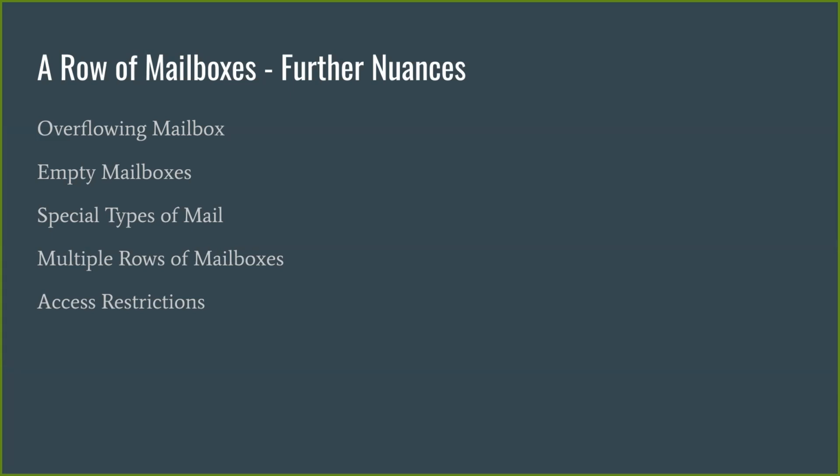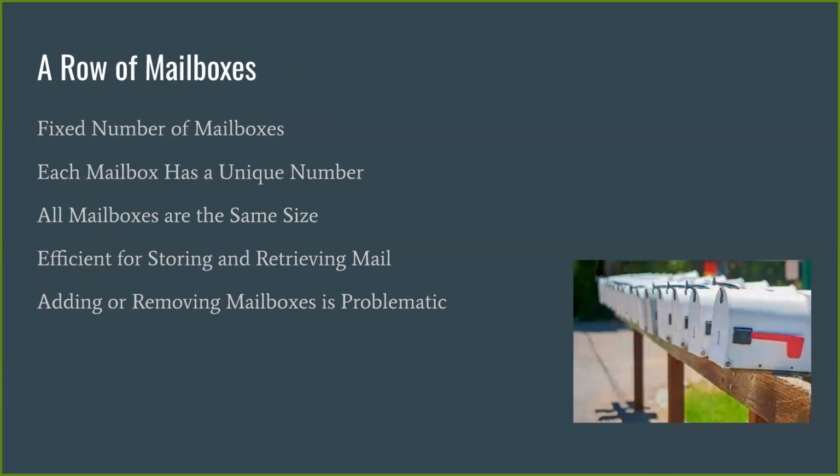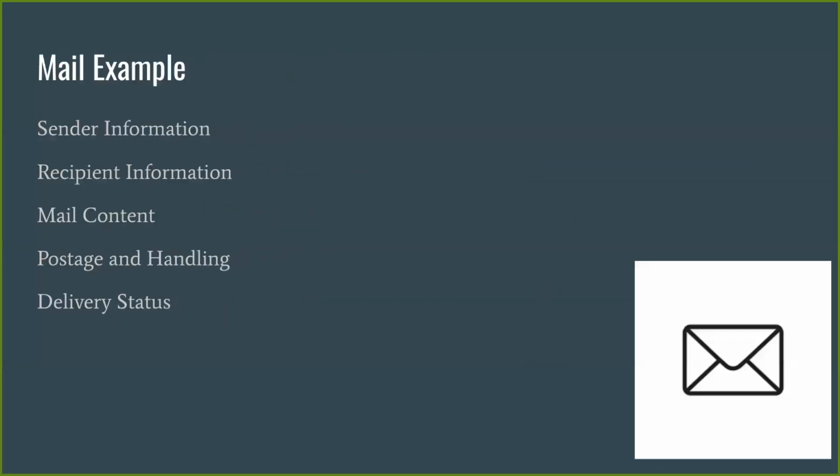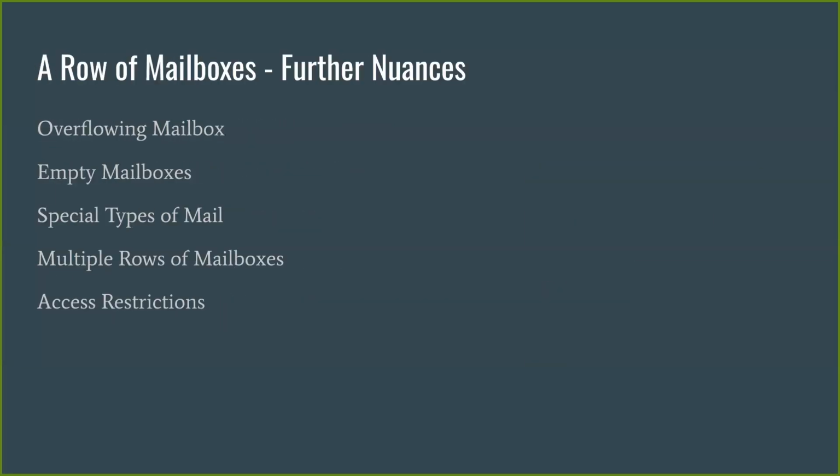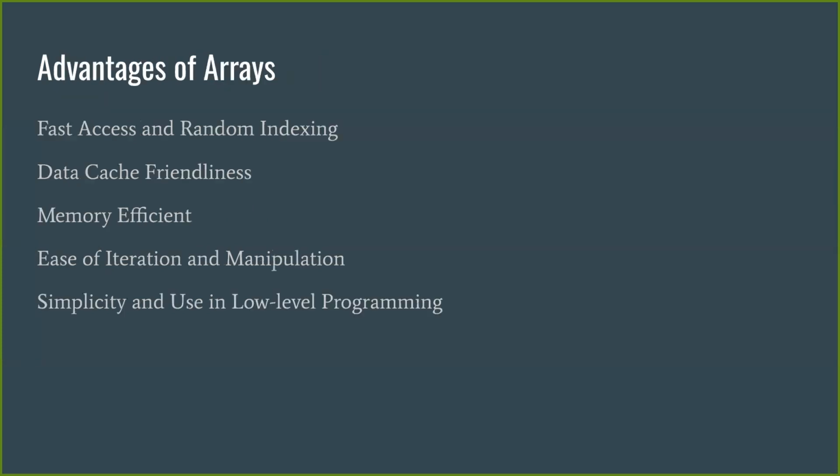Hopefully those two examples, a row of mailboxes and a bookshelf in a library, help you understand the characteristics of an array better. So now let's talk about some advantages of arrays.